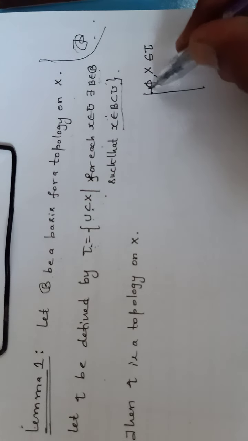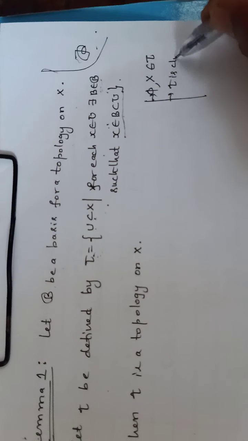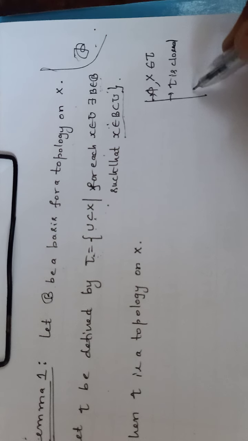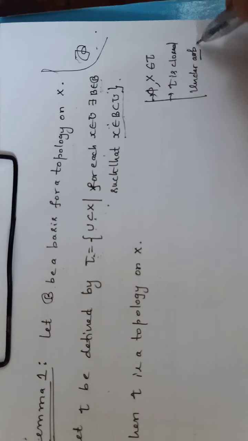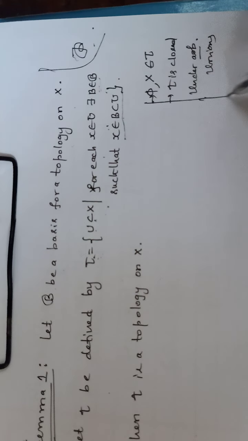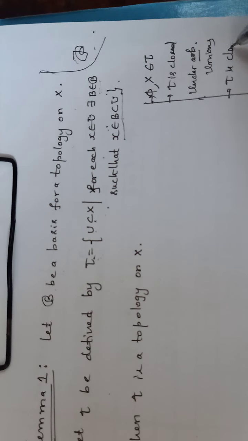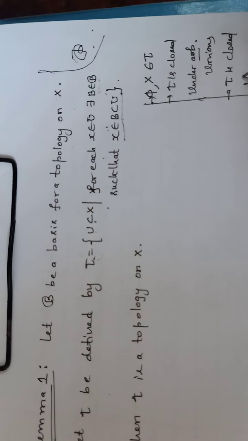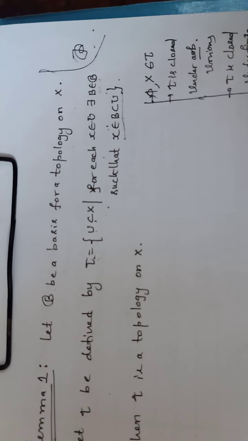The second is that tau is closed under arbitrary unions, and the last is that tau is closed under finite intersections.